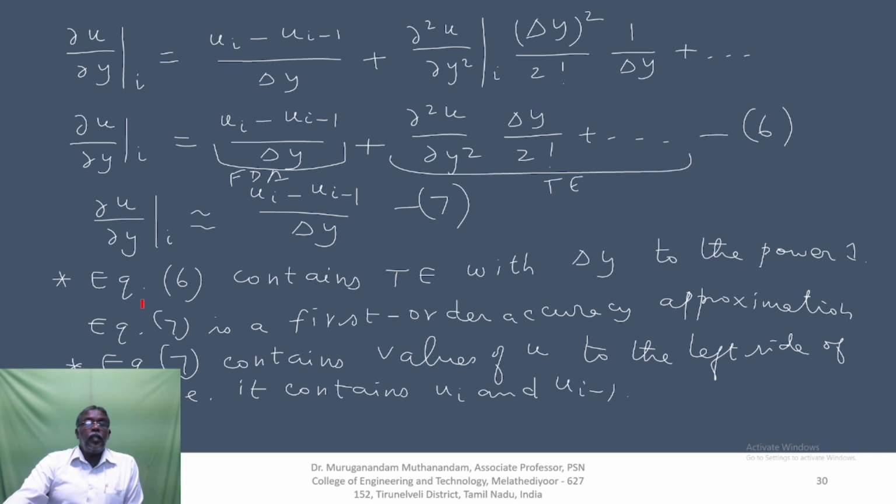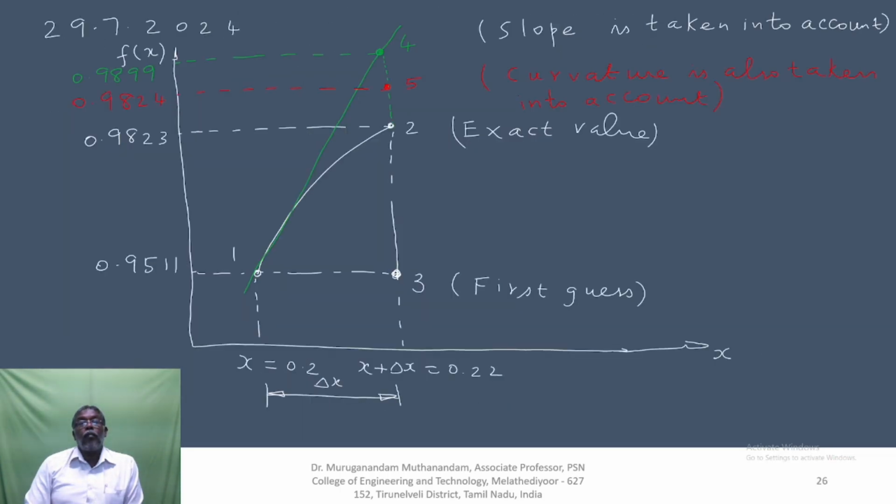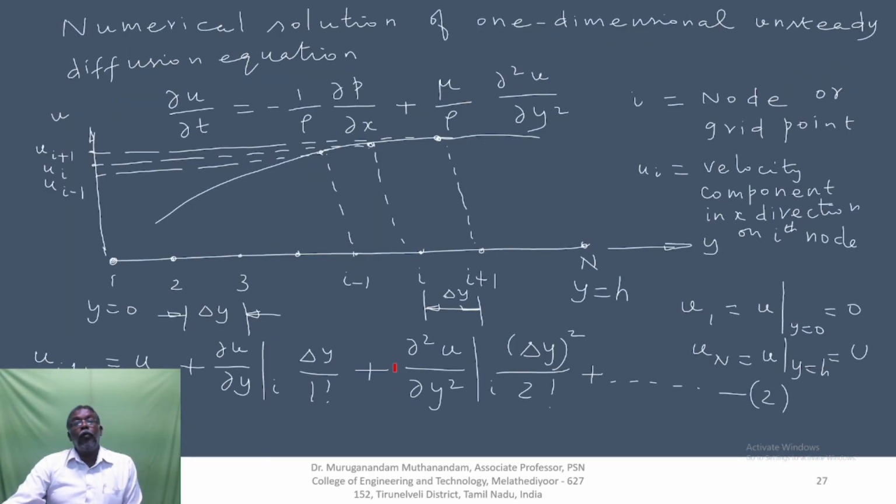First of all, see, equation 6 contains the truncation error with delta y to the power 1. Delta y is having a power of 1. Hence, it is a first order accuracy approximation. Now again see equation 7, it contains the value of u to the left side of I. The value of u at I is u_i.